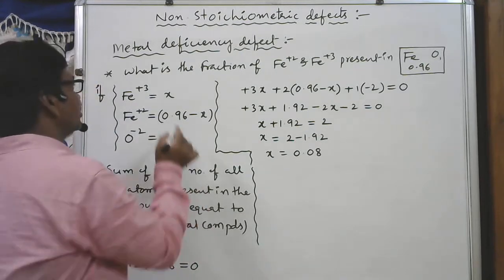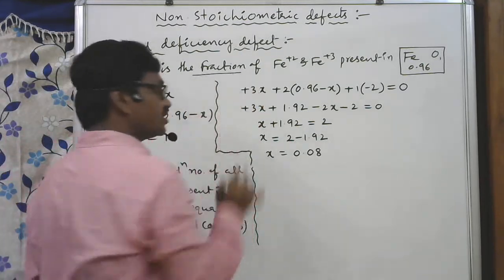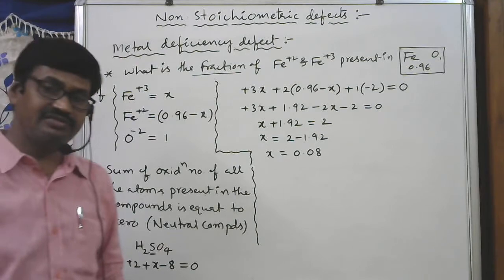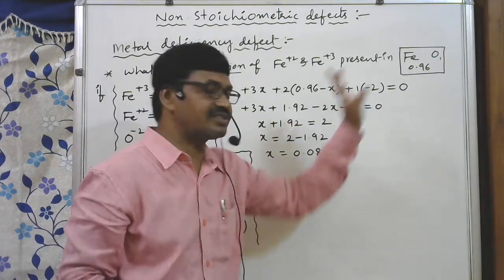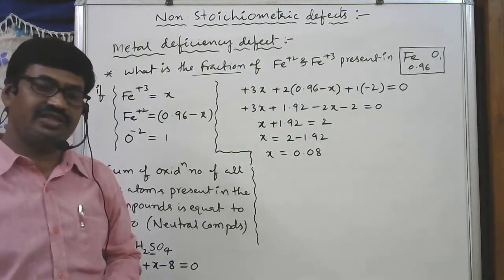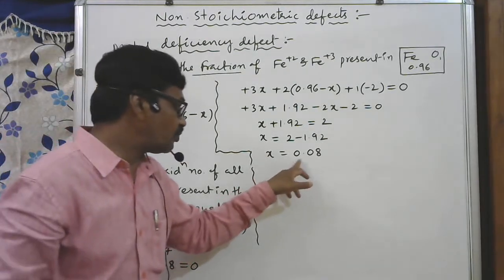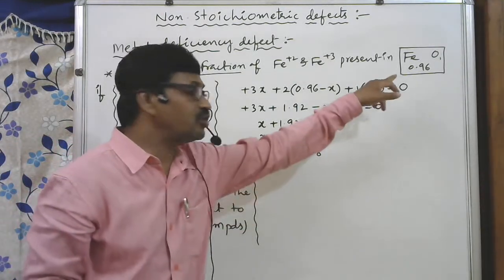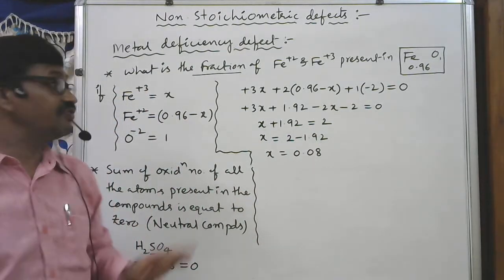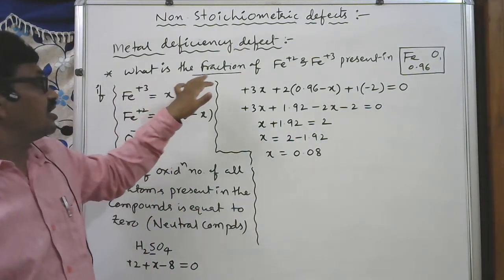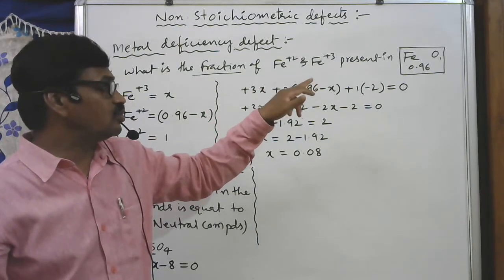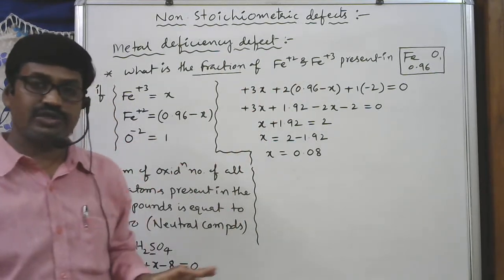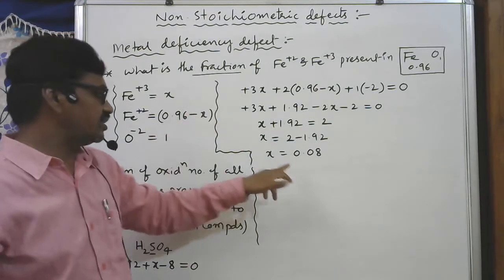They are asking what is the fraction. Whenever they are asking fraction, we have to consider 1, not 0.96. Here we got 0.08 from 0.96. If they ask what is the Fe plus 2 and Fe plus 3 present in Fe 0.96, then this is the answer.